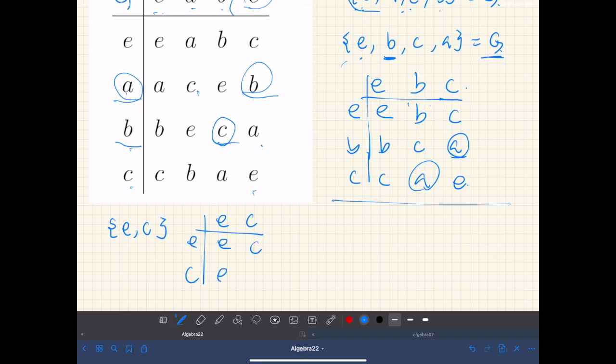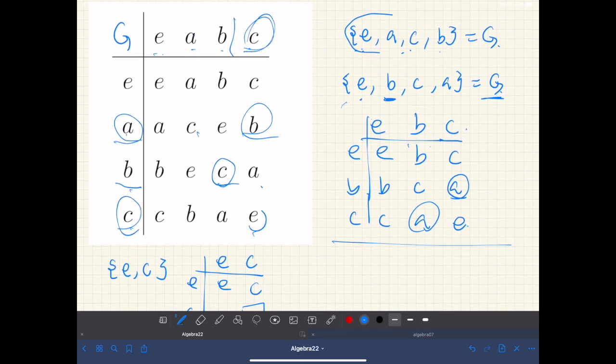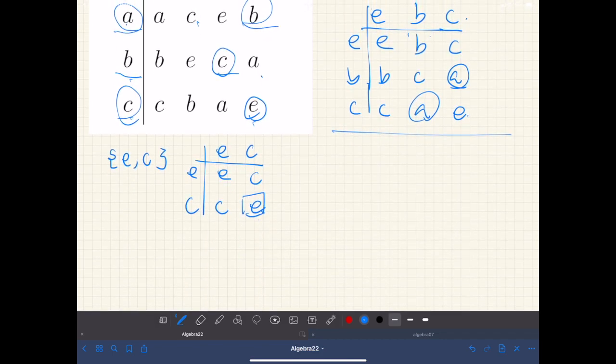Is c, this is c. So if it is closed under multiplication, this element must be equal to e. So what is it? c times c is e. Yes, indeed it is e. So this is closed under multiplication, and clearly c is its own inverse.